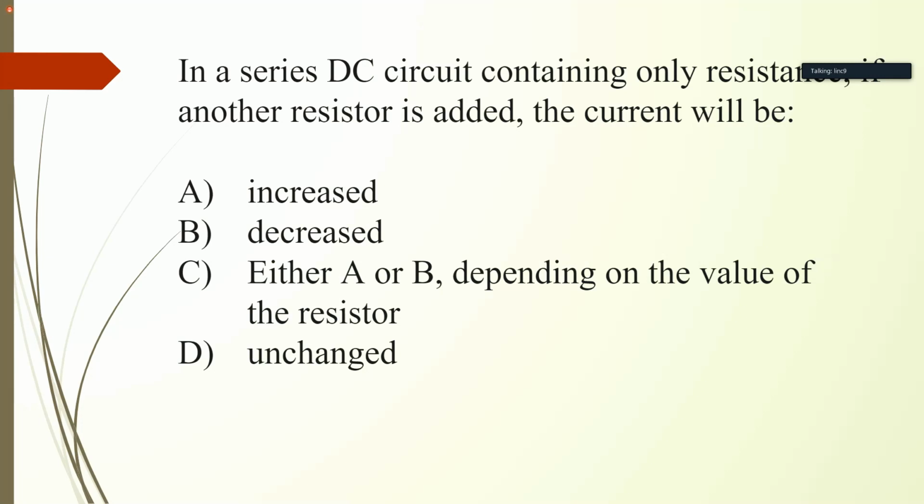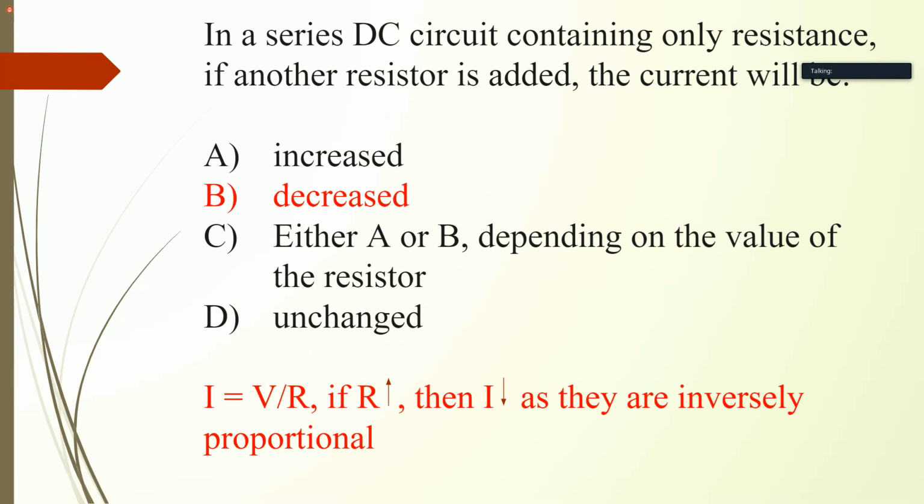Decrease. It's going to decrease, right? Yeah, it's got to decrease because I'm increasing resistance, and we know that our current and our resistance are inversely proportional. As I add more resistance, it's going to decrease my current. Now, to your point earlier, you mentioned it depends on if it's in series or parallel.